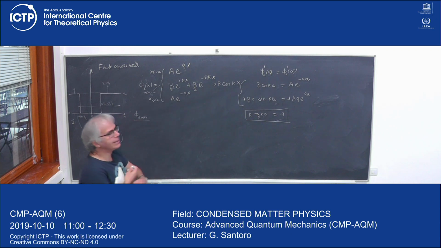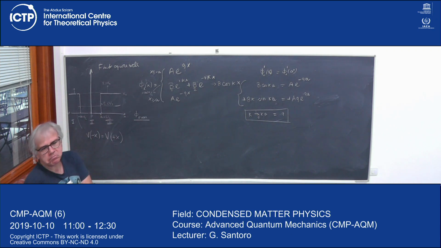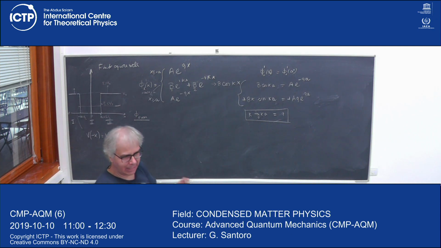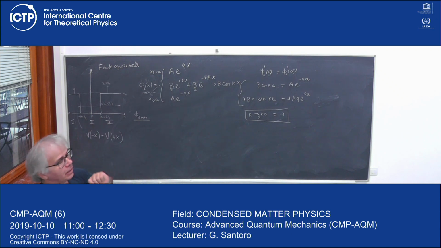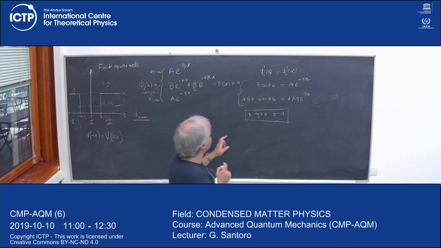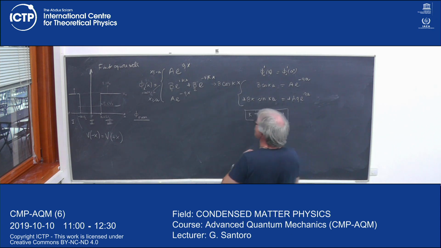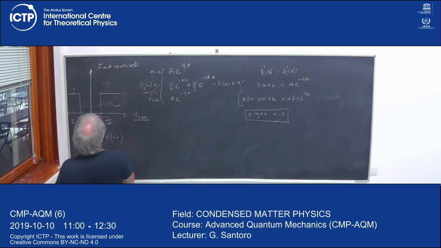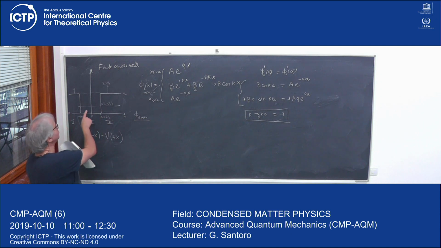Now, you might say, where did the constants go? They disappear. Okay? Will they reappear later? Yes, when I need to normalize the thing, I have to take care of the constants. But for the time being, I have k and q only. Well, k, we said, is related to the energy.